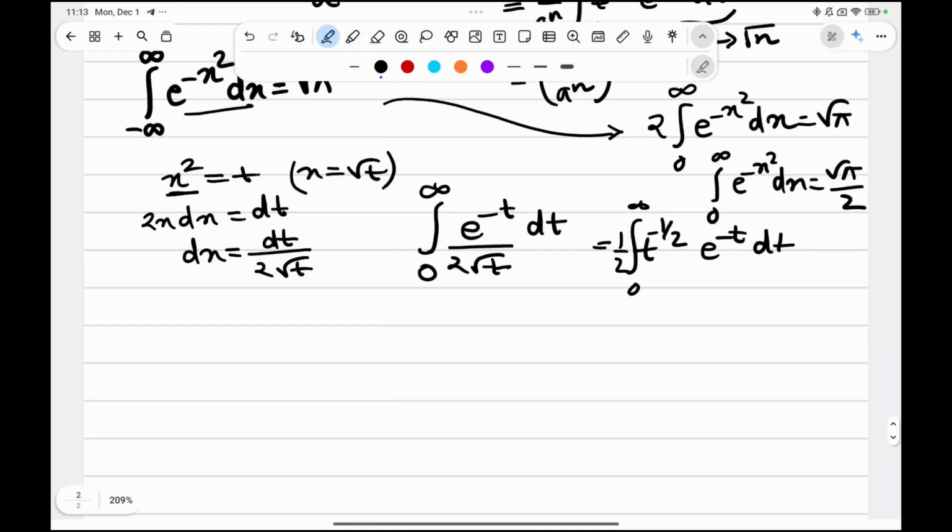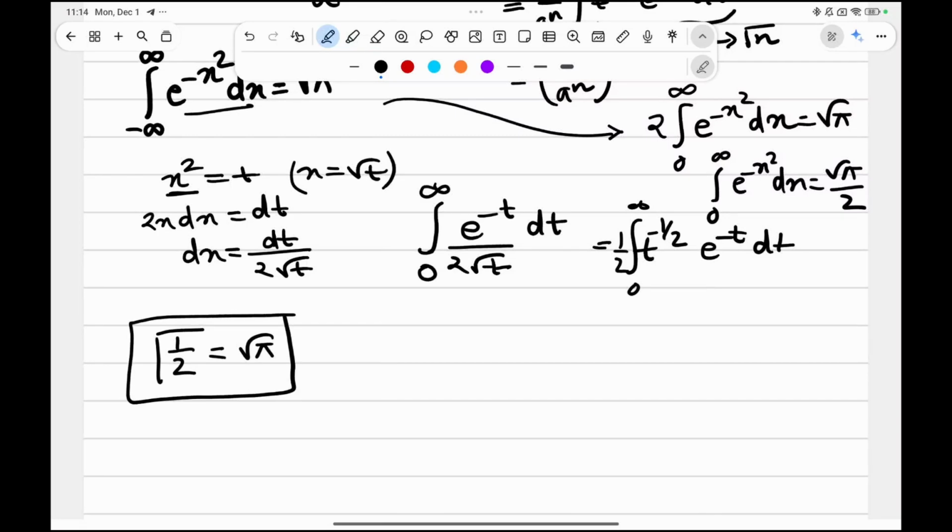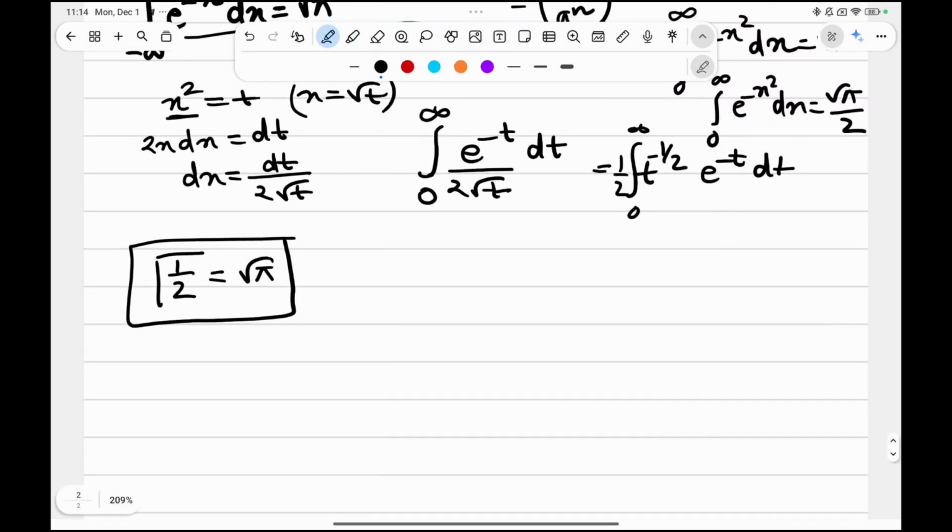We just have to remember one fact about the gamma function: gamma of 1 by 2 is root pi. We can prove this by integration, but there is no need to derive the whole proof of gamma of 1 by 2, because we don't need it for JEE. We can simply remember that gamma of 1 by 2 equals root pi.